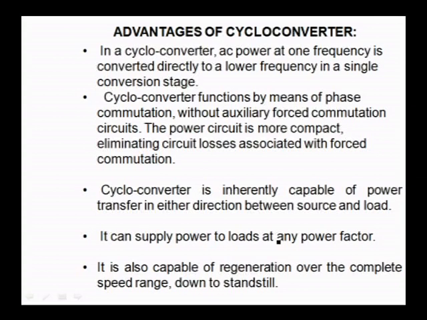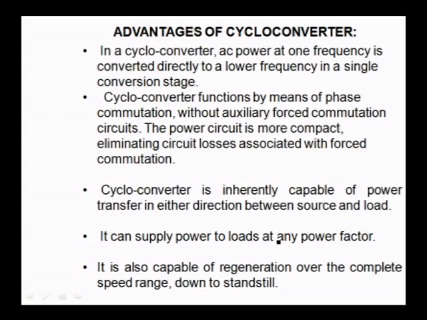So, let us see the advantages of the cycloconverter. I already told you it is a direct frequency changer. Only in one stage we are converting AC power at one frequency to AC power at another frequency. It is a single stage conversion. There are no two stages of conversion here.